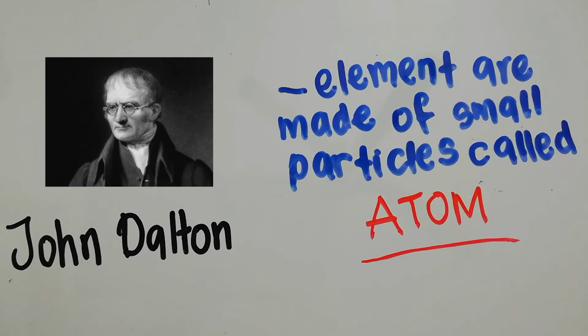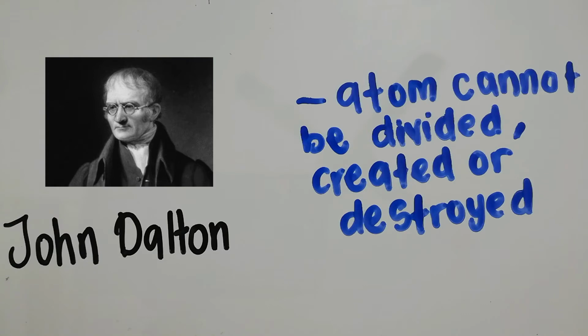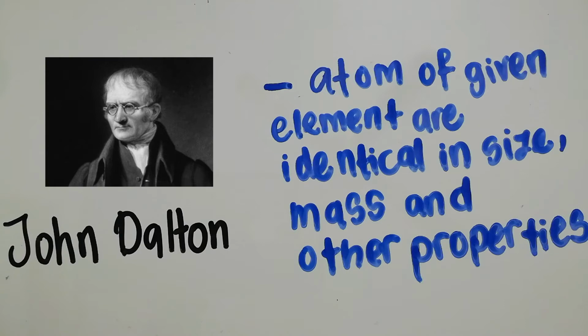So you need to remember that John Dalton introduced that elements are made of small particles called atoms. He also said that atoms cannot be divided, created or destroyed, because the atom is already the smallest element. The last one is that atoms of a given element are identical in size, mass and other properties.